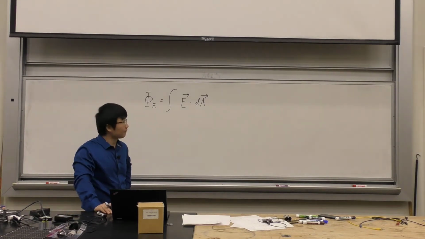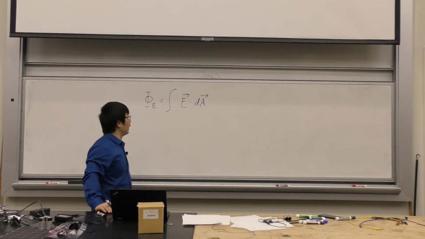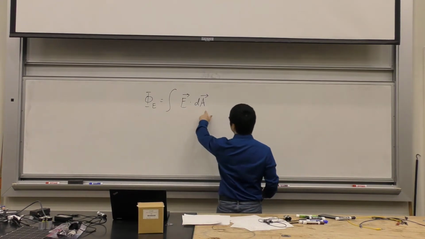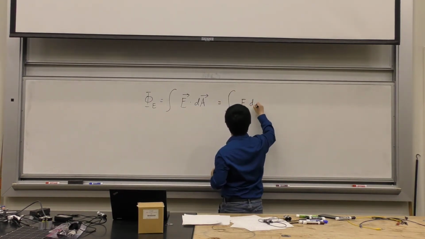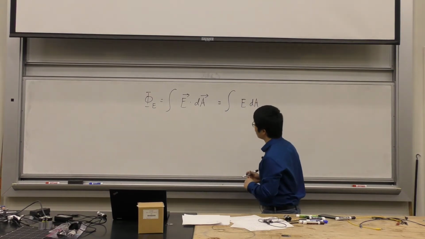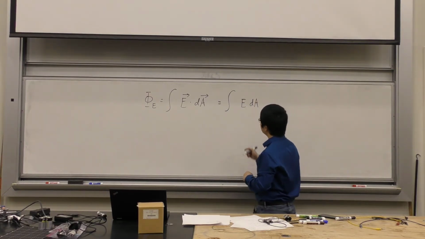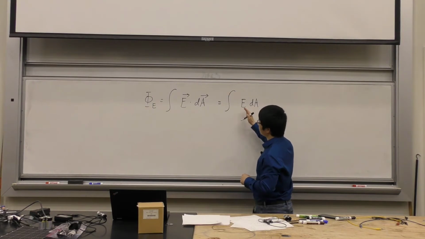So this is defined as the integral of the electric field on the surface, and this is a dot product, E dot dA. If you want to evaluate this integral, first you should use the definition of the dot product, if you still remember that. That's the product of the magnitudes of these two vectors times cosine theta, where theta is the angle between them.